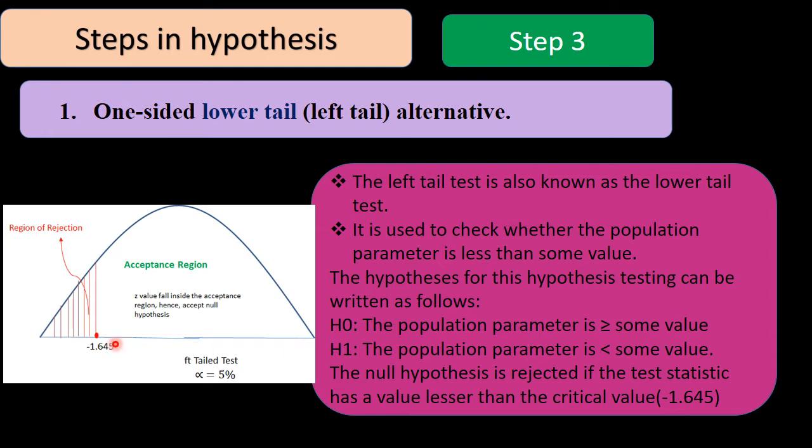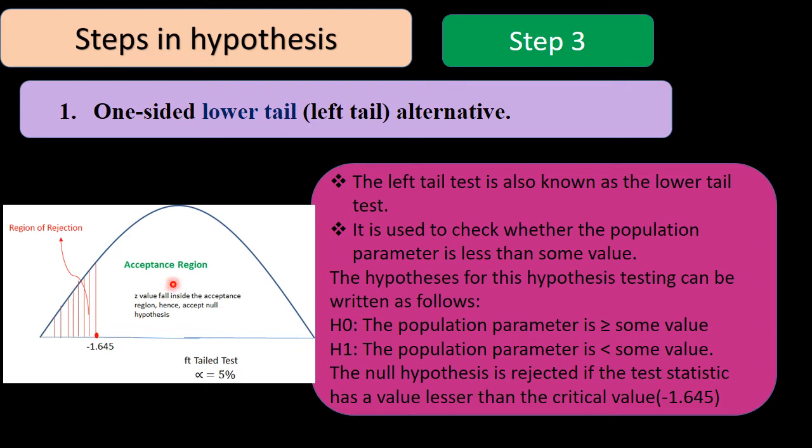Then after finding the Z test value, if we are getting a value less than the critical value of minus 1.645, then what can we conclude? We need to reject the null hypothesis. Reject the null hypothesis means we accept that the population parameter is less than some value.